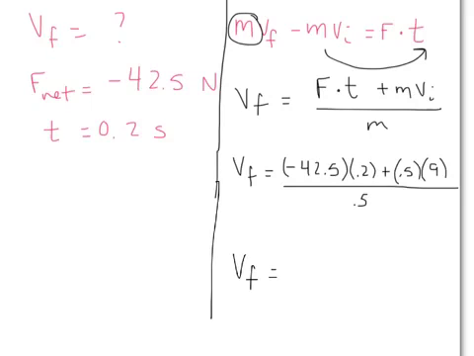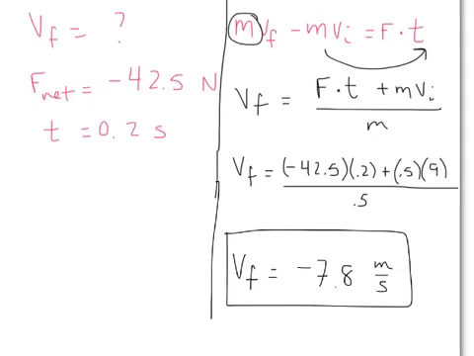What do I get? I got negative 7.8. Agree, disagree? You got negative 7.8. What did others get? I got negative 8.